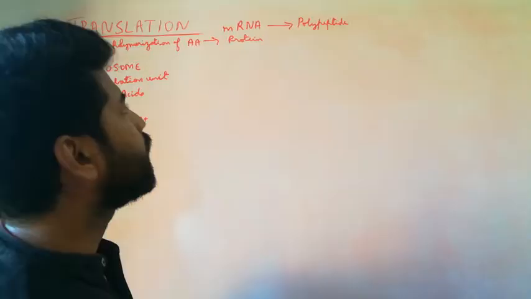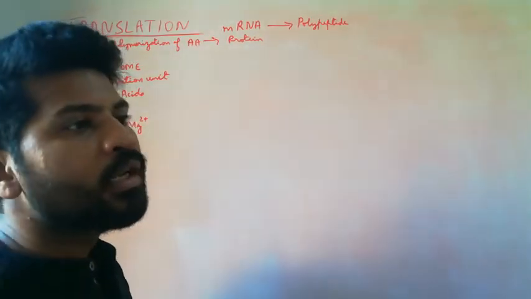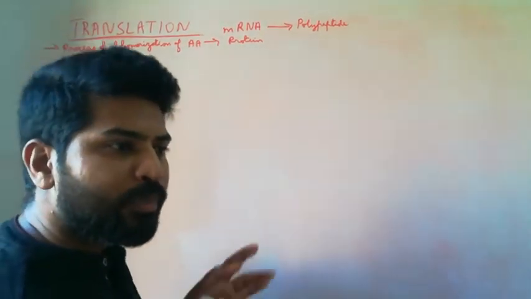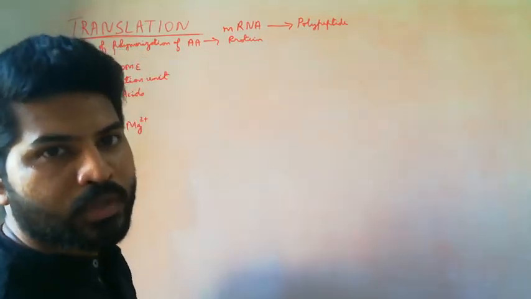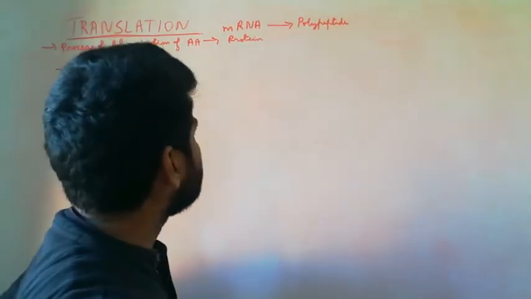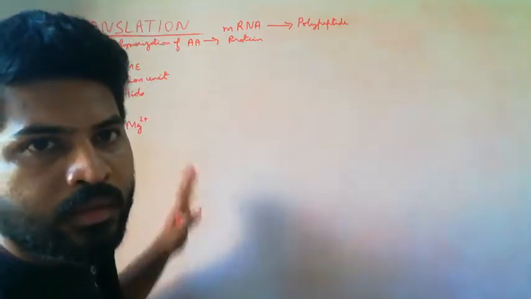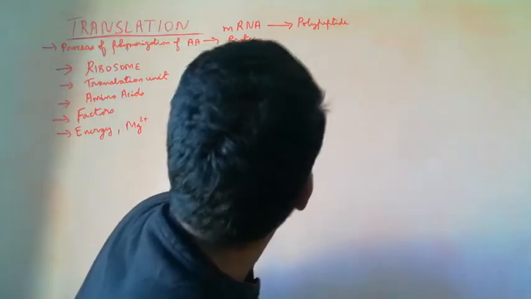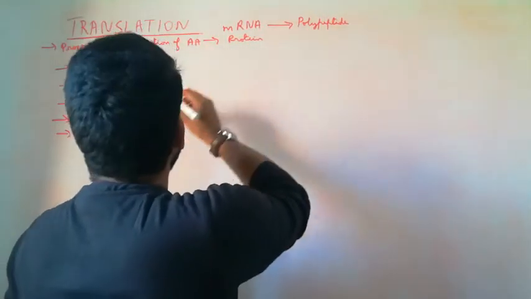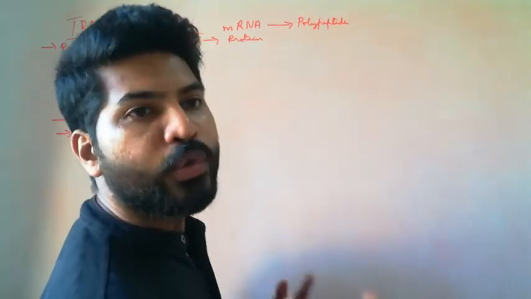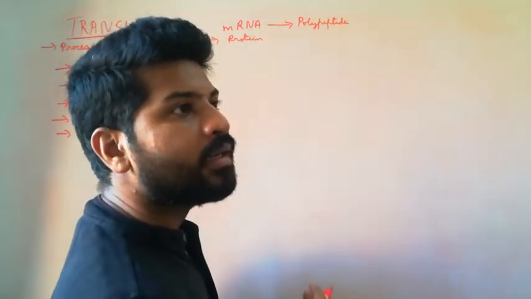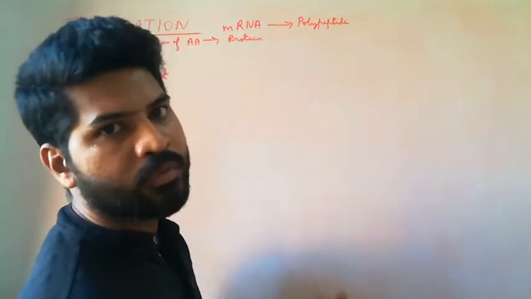So let us discuss translation in eukaryotes, though there is not much difference between prokaryotes and eukaryotes, although there are a few differences which we will discuss when we are discussing the translation process. So first we need a translation unit, like we need a transcription unit for the process of transcription.